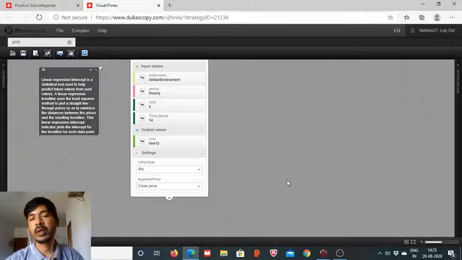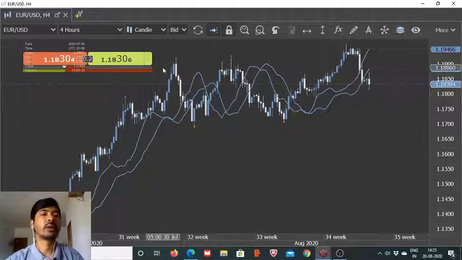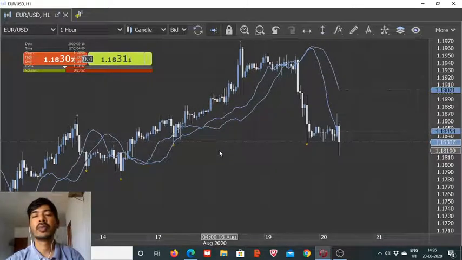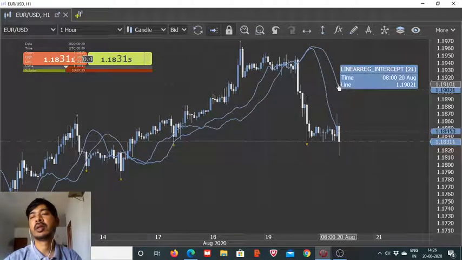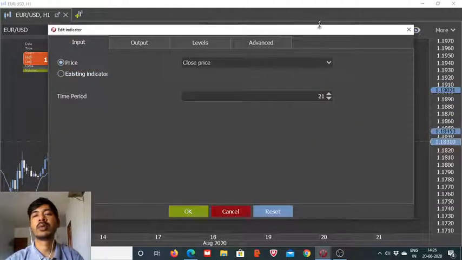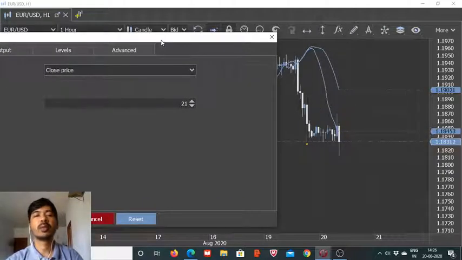Then the applied price also carries a lot of importance, and let us change this to hourly again, and this is now the hourly time frame chart. Let us change this to a linear regression intercept of 20 time periods. We edit it and use a different applied price, say for example high price, then you will see that the linear regression intercept will move to the higher side.